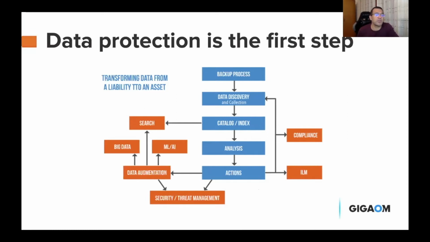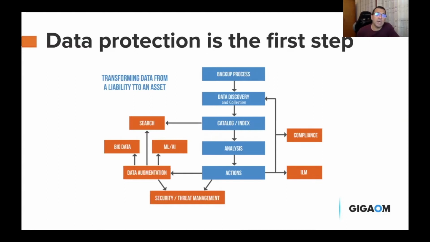So yes, of course, you have a copy for protection reason, but actually you start digging into the data and collecting the data and understanding what is happening, even trends in terms of how many volumes, how much data, what happened during the day, between backups at this date. So you catalog and index everything, you start doing your analysis and then take actions.